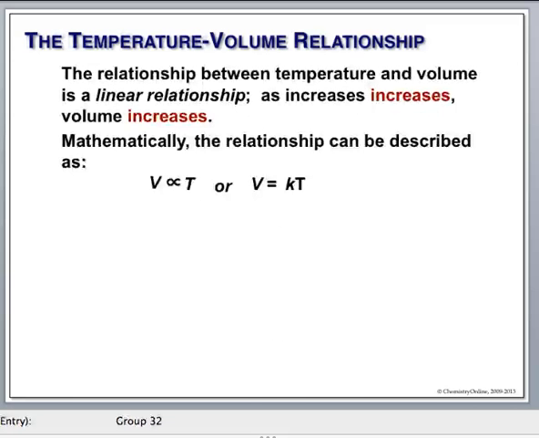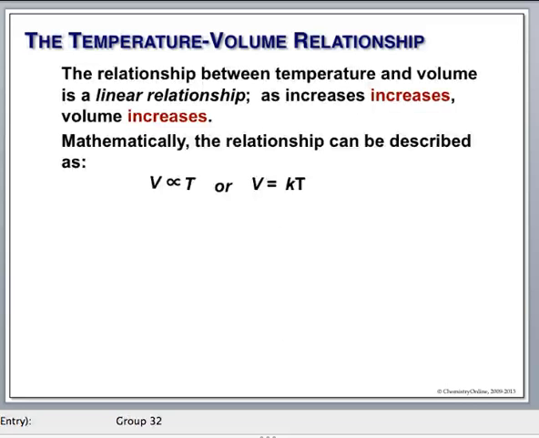We also looked at Charles's law. Charles's law is the temperature-volume relationship. And we saw a cute little movie with a balloon and liquid nitrogen. Our observation was, when we cooled the balloon down, it essentially deflated, it became small.